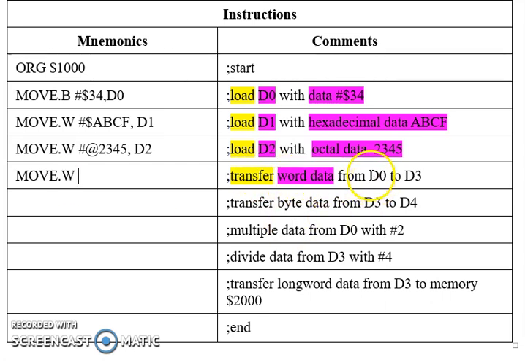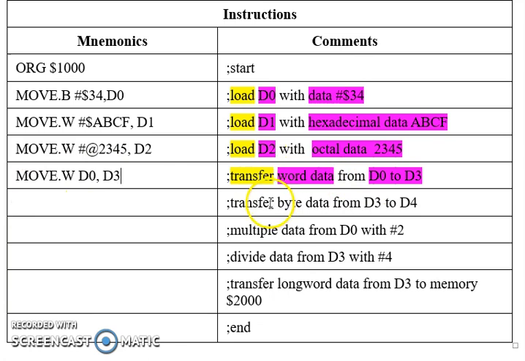Transfer word data from D0 to D3. Remember, class, from will become our source, to will become our destination. So now move.w, D0 is our source, D3 is our destination. So we complete the 5th line.